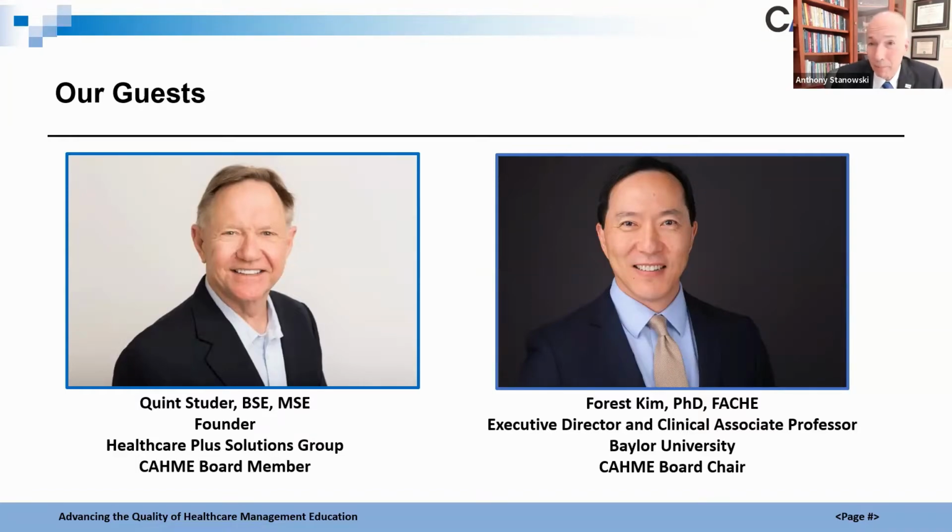You're also a board member at CAHME, and let me go from there to Forrest Kim, who's our board chair. If you were to define Forrest, it's someone who is involved in service. How do you help people get better? How do you help organizations get better? Forrest is also a true believer in data and how to make it actionable.